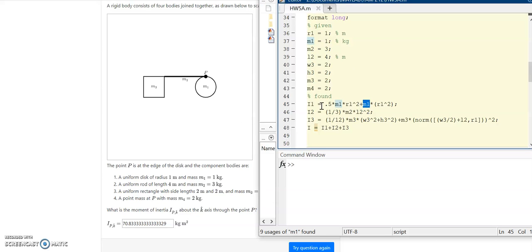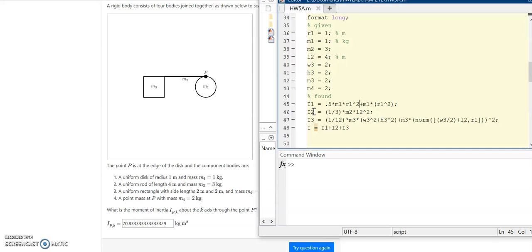That'll get you the new moment of inertia about a different point, which in this case is P. So here we have the moment of inertia about the center of mass. We added to it the mass times the distance between the 2 points squared, and that gives us the moment of the disk about point P.